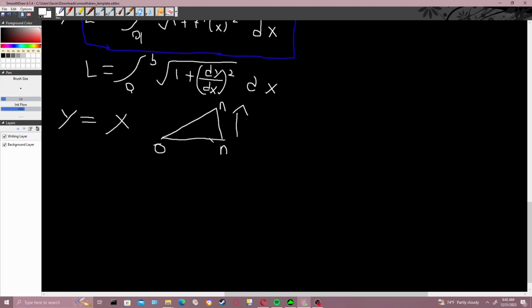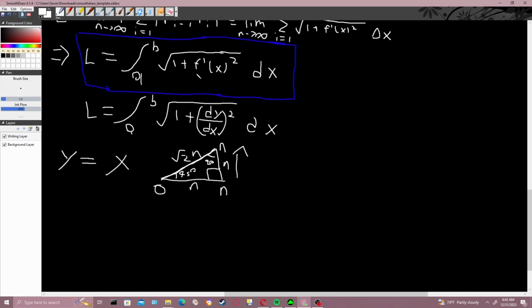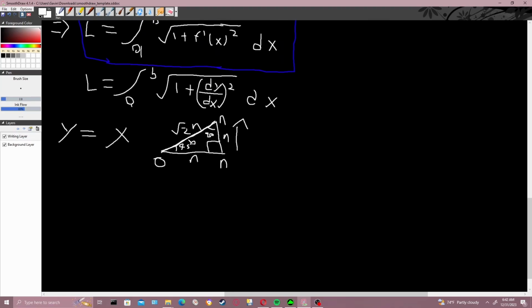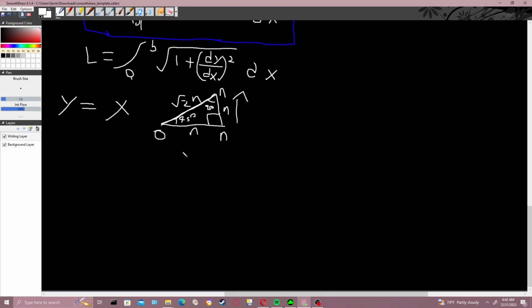And this will make our favorite isosceles right triangle that will have lengths of n and our long side being the square root of 2 times n. So anytime that x changes, our arc length should, in theory, using this formula, change by square root of 2 times n.